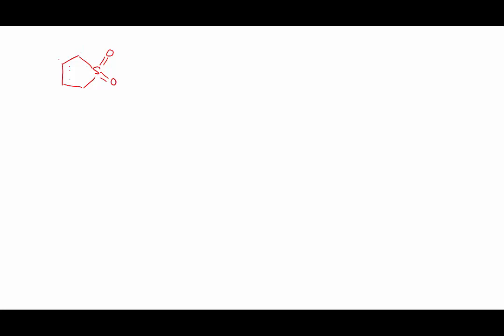We had the sulfur dioxide, a pair of electrons moving there, this pair of electrons moving there to form SO2, and then having the molecule form the 1,3-butadiene.